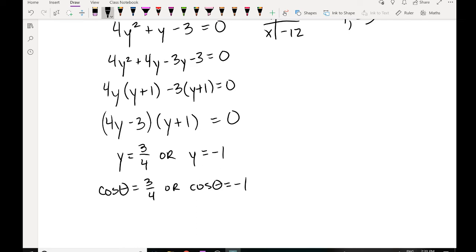Cos theta does equal 3 over 4. In this context, it cannot equal negative 1. And I'm sure that there were people who lost marks for that when this was written, because in a trig context, cos theta absolutely can equal minus 1. That's never been an issue.